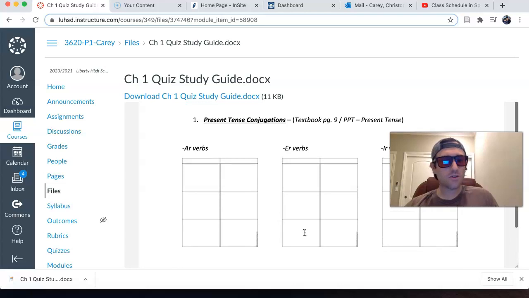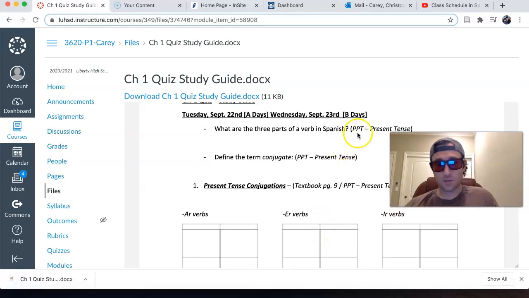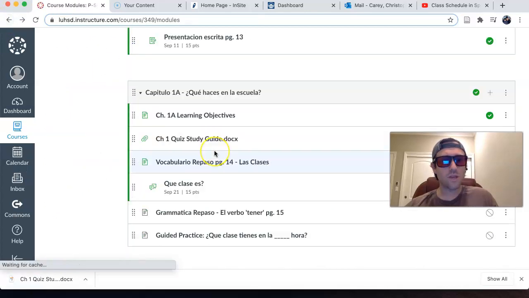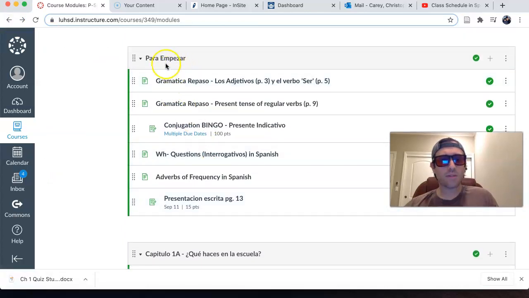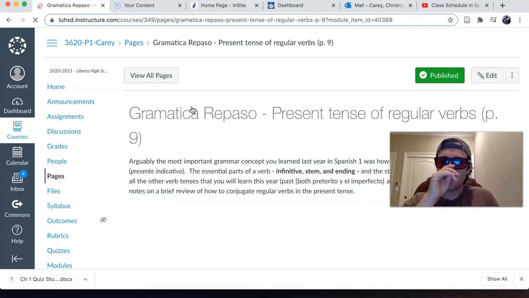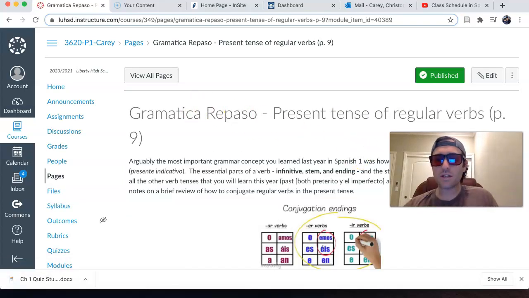So please do make good use of the textbook, of course, to review, but then also if you go back into modules, and if you go a little bit over what we went over in the Para Empezar chapter, especially this page right here, Grammatical Repaso, present tense of regular verbs, would highly recommend that if you've not done so already to take a look at that PowerPoint.